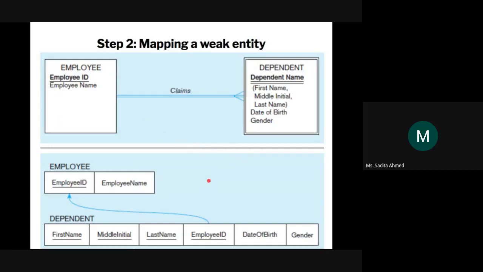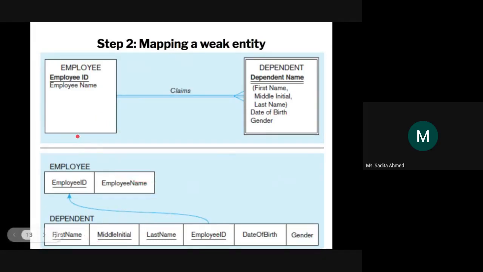Now, to map it into the relation, however, when mapping the relation, note that even if this were many to many, we wouldn't have an issue. Many to many or not, it wouldn't be an issue. Because think about it. In the dependent table, we could have multiple rows where the same employee ID is repeated. Because an employee can have multiple dependents. What does that mean?